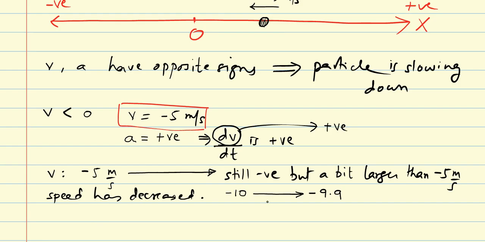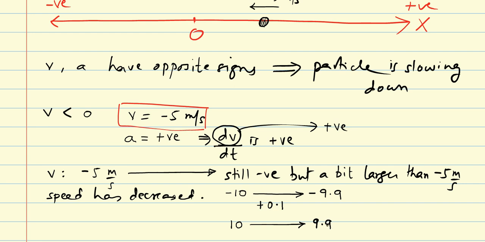Now you can easily see that the quantity has changed by plus 0.1, and it changed from minus 10 to minus 9.9. Now you can have a look at what has happened to the magnitude of the quantity. The magnitude was 10, modulus of minus 10 is 10, and it became 9.9.